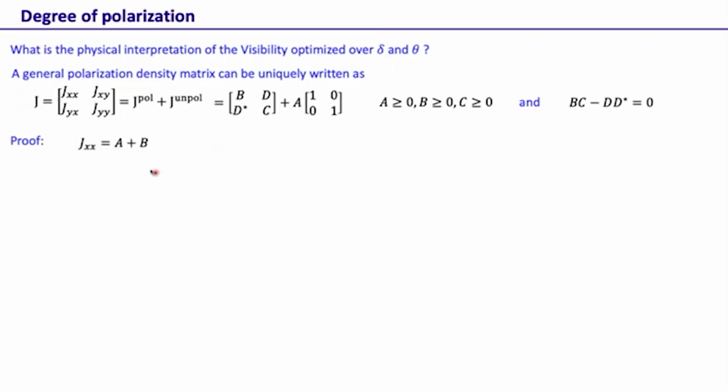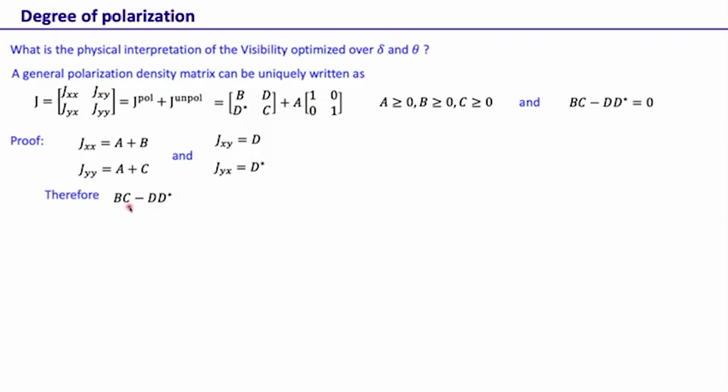Now in order to prove this, let's just realize that if we could write Jxy this way, then Jxx is equal to B plus A, Jyy is equal to C plus A, and Jxy is simply equal to D, Jyx is simply equal to D star, because there is a 0 here.